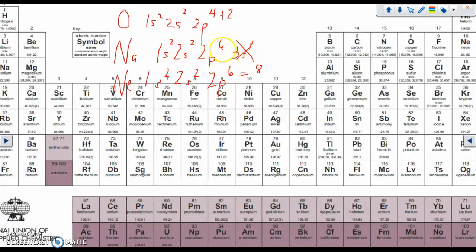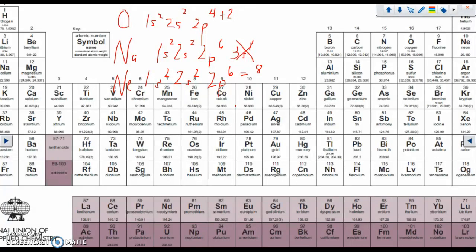Minus 1, sodium now has an electron configuration similar to neon. So if oxygen gains 2, sodium loses 1, both of them now look like neon in terms of electron configuration. And that is the most stable electron configuration for oxygen and sodium. And that is why it's sometimes called the octet rule. Octet basically means 8. Okay?